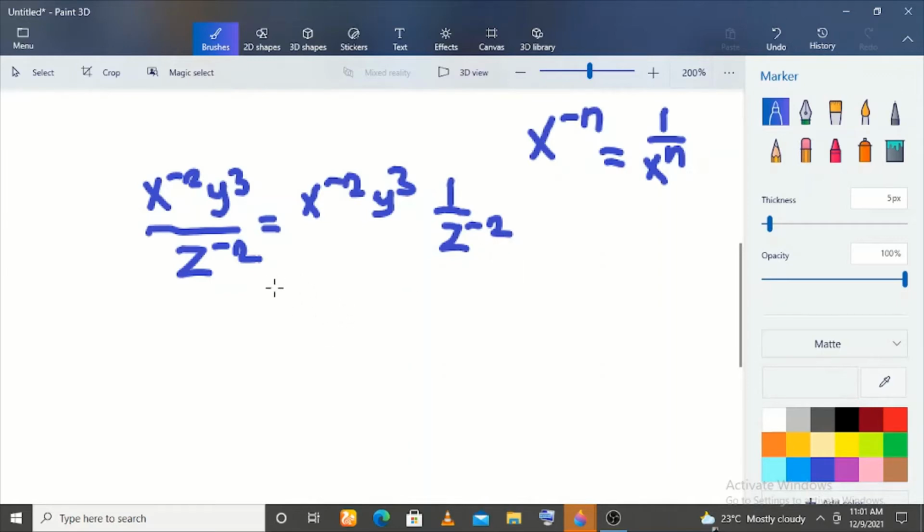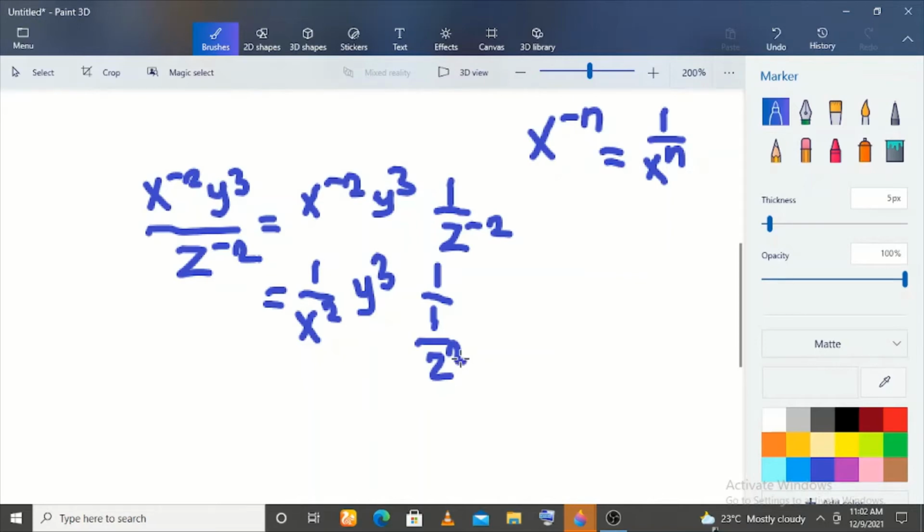So let us write this now. You're going to write 1 over x to the power 2 multiplied by y to the power 3, and then you're going to write 1 over z to the power 2.